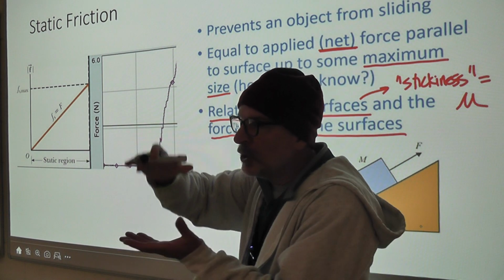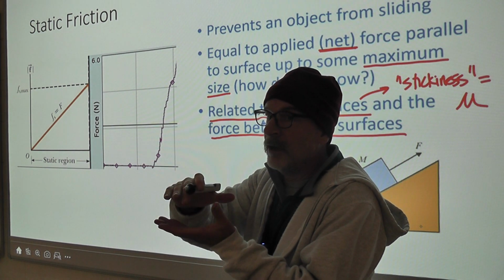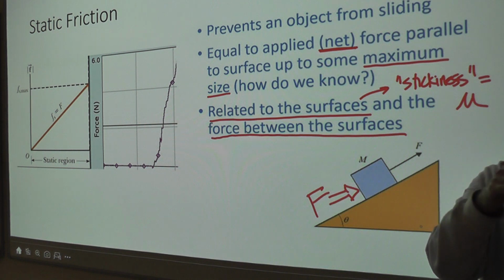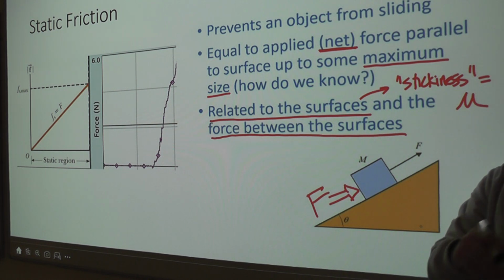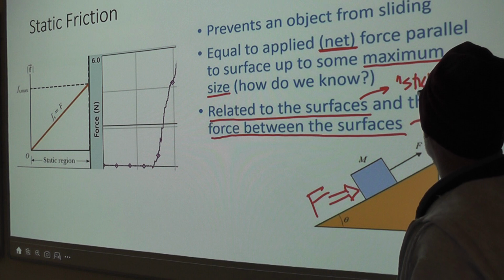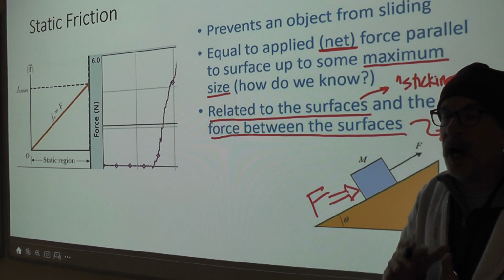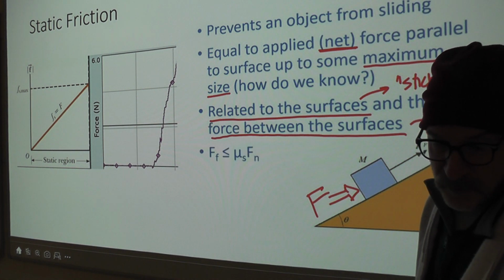The harder they're being squished against each other, the more friction we'll have. When you guys were doing the investigating friction activity, that compressing force was somehow related to the mass. You saw that, right? You added mass and it increased friction. But it actually turns out that the force that's causing this compression between the objects is the normal force, which is only sometimes related to the weight.